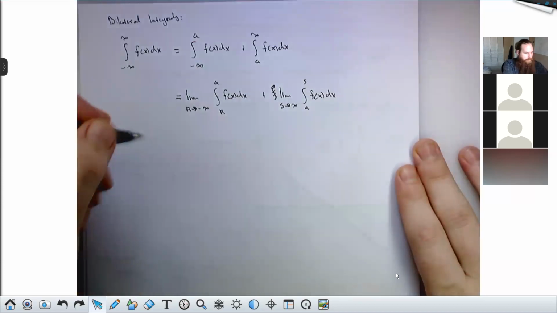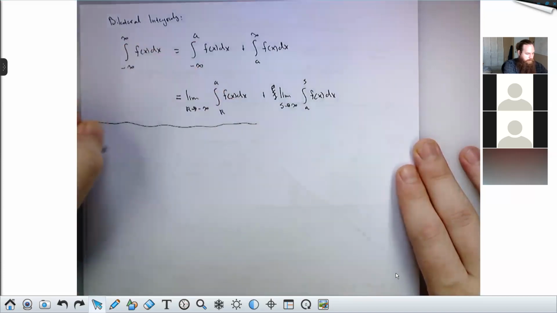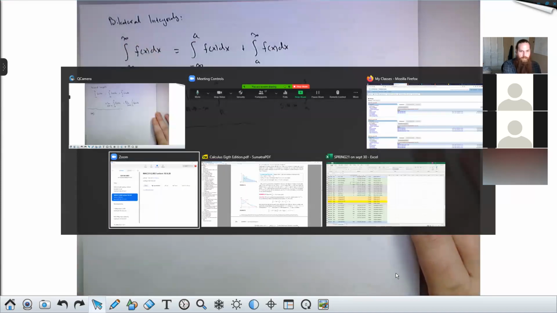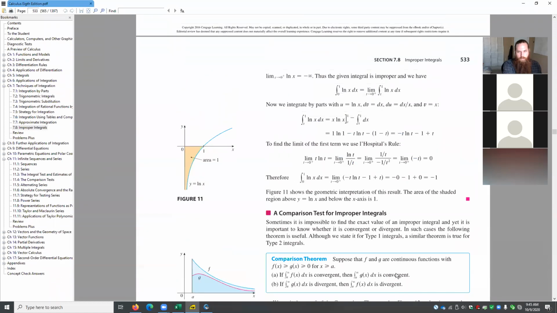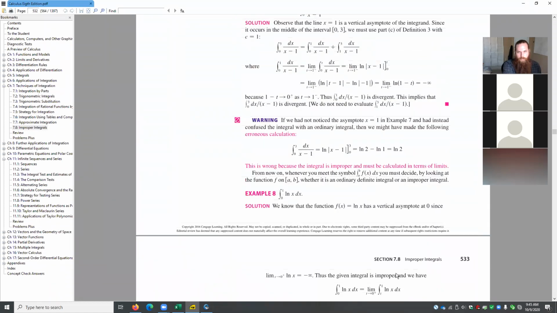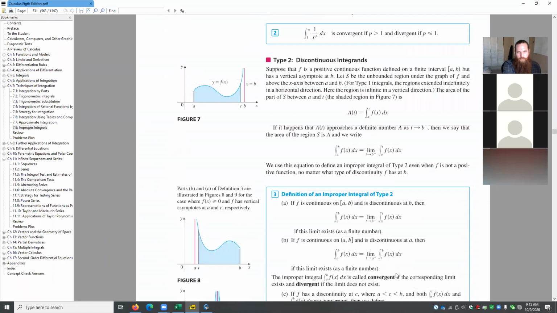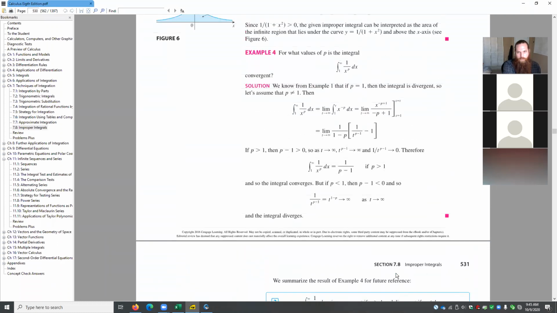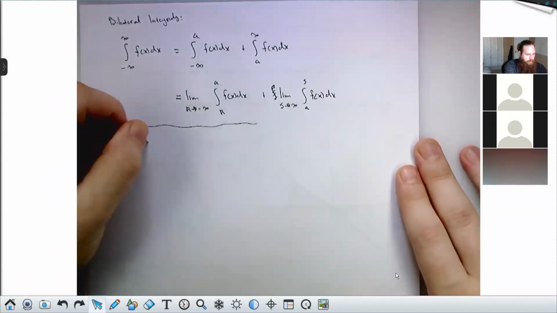So with this in mind, let me grab a problem from your textbook. There's a bunch of these that I like. Do they have any bilateral integrals in here? I think they do. Oh yeah, that's a fun one.